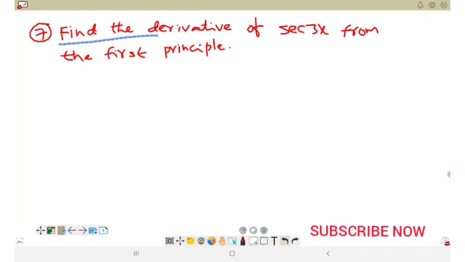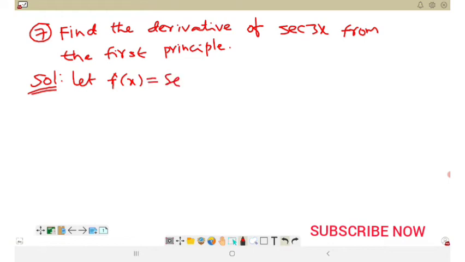Next one, find the derivative of secant 3x from the first principle. Solution. Let the given function be secant 3x, let f of x equal secant 3x.